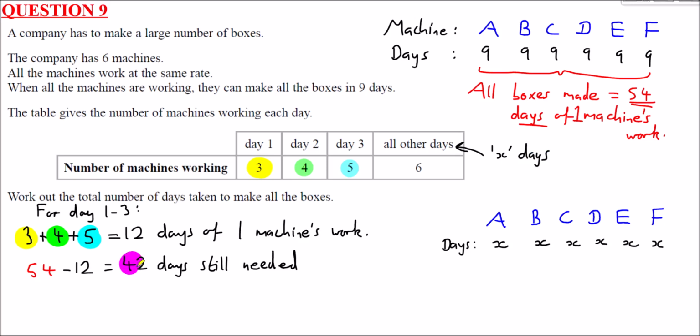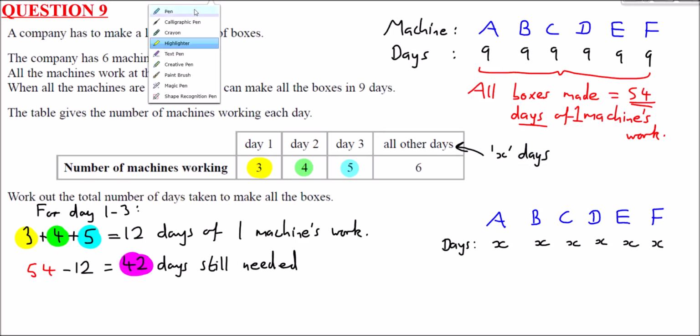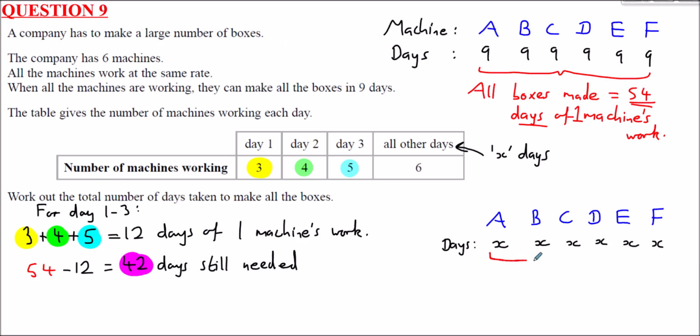So what we can say here is that 6x needs to be 42 days worth of work. So therefore, the number of extra days on top of these first 3 days would be 42 divided by 6, which is 7 extra days.